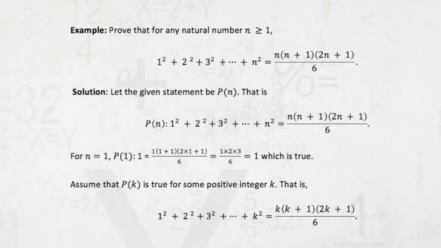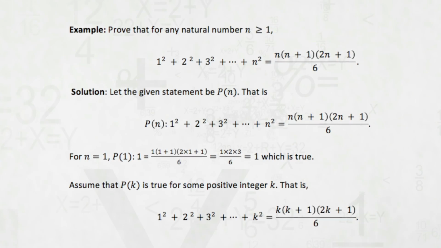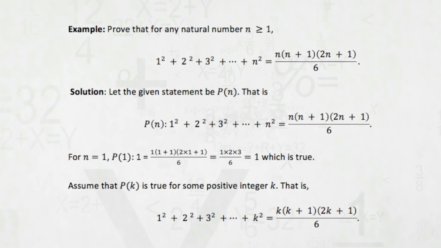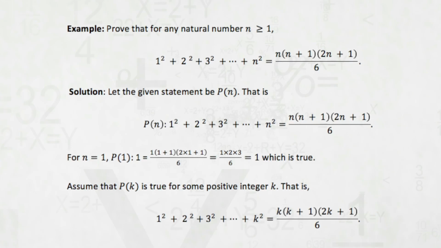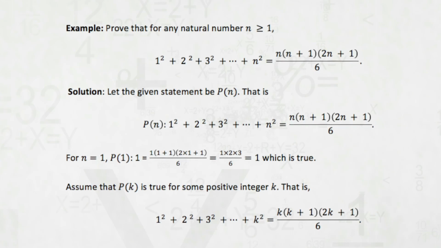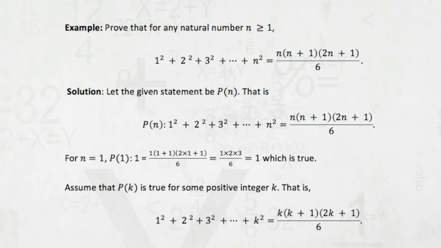For n equal to 1, P(1) is nothing but 1², that is 1, which is equal to 1 multiplied by (1 + 1) multiplied by (2 multiplied by 1 + 1) divided by 6. In the numerator you have 1 multiplied by 2 multiplied by 3, that is 6, divided by 6, therefore you have 1, which is true.